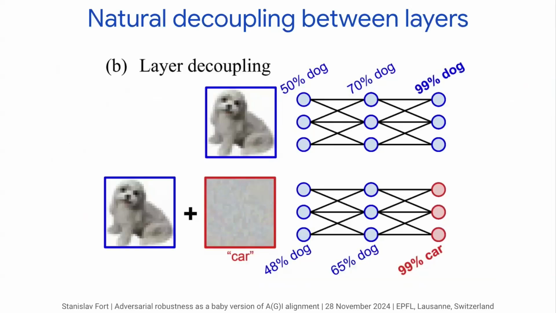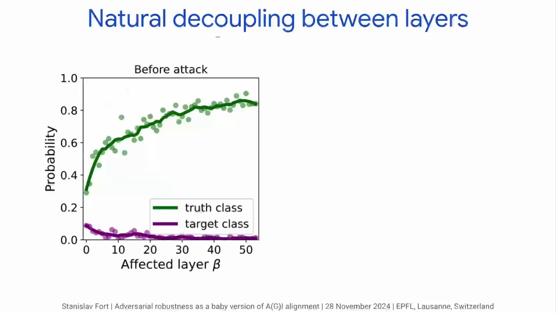And this is just a diagram, but here's a real graph. So here's a layer, and here's probability. And the ground truth class is the green line. So you see that as you go through the model, the ground truth class increases in probability on this particular data set. This is for normal images.